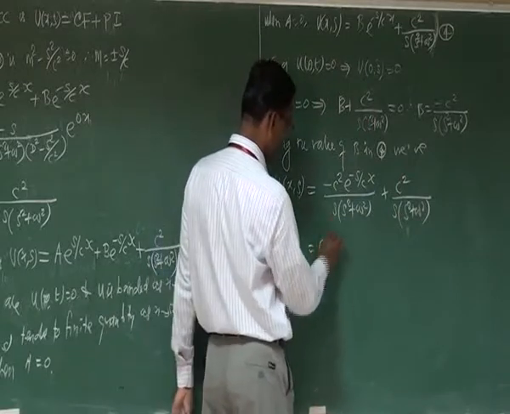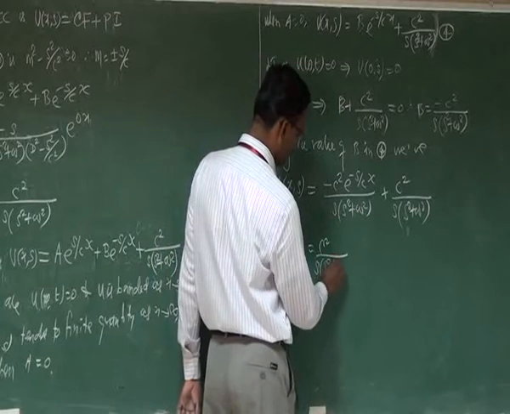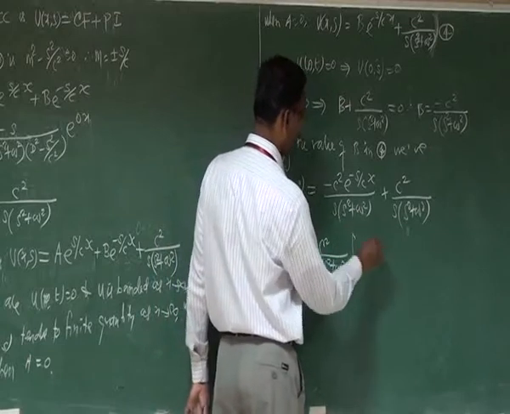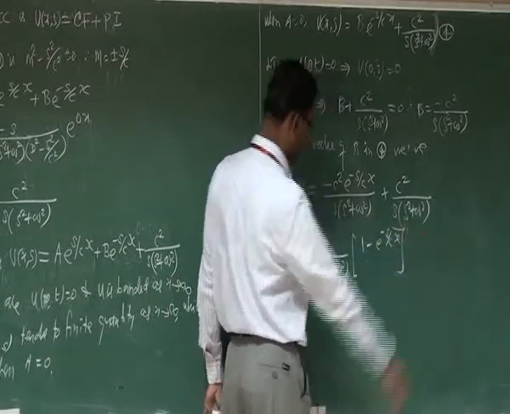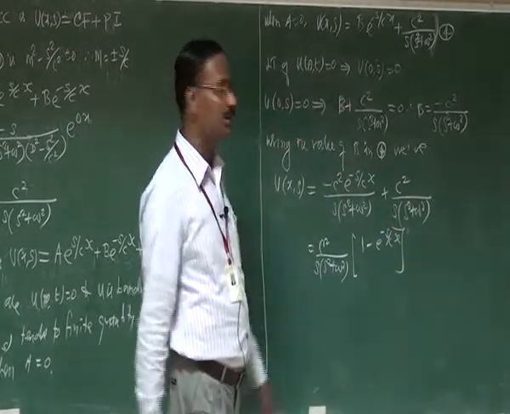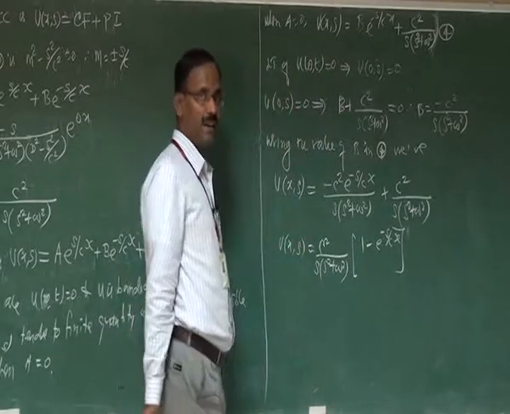Taking c square as common, we get c square by s into s square plus omega square, into 1 minus e power minus s by c into x. So this is u of s comma x.